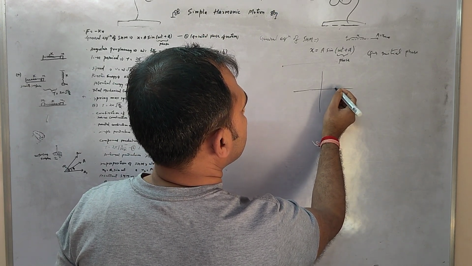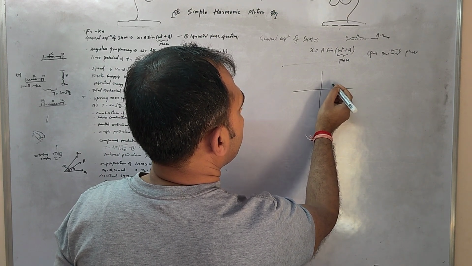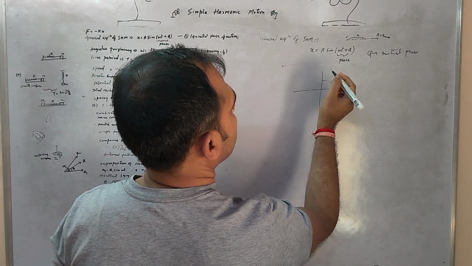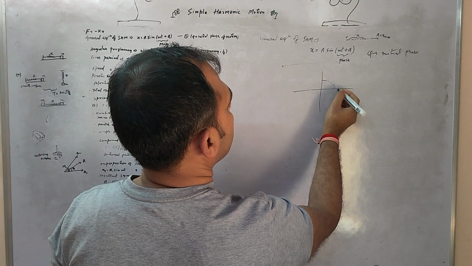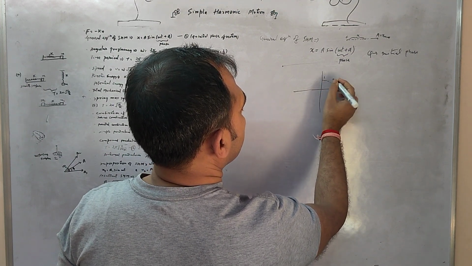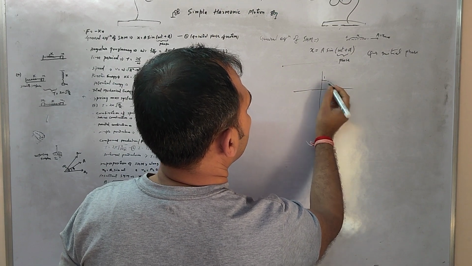Sine 0 here is 0, then if theta keeps on increasing up to pi by 2, then this becomes 1. Value of sine theta here is 1, and value of sine theta here is 0.